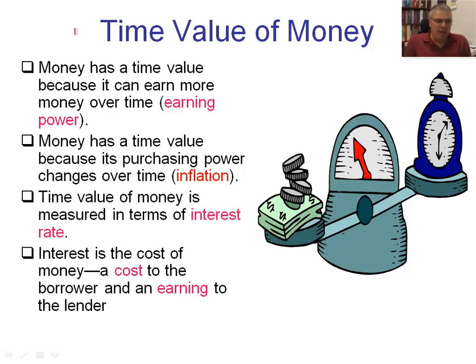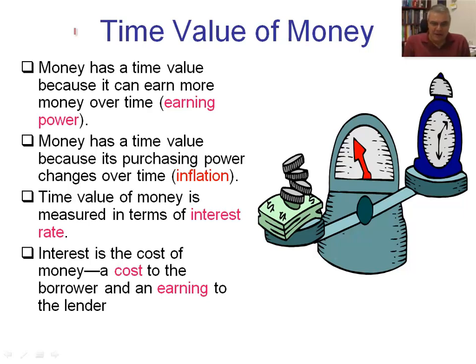So why do we need to do such a thing? Because, again, money has a time value because it can earn more money over time. First, if you have $100 million today and you invest it wisely, it is very likely that money would bring more money.